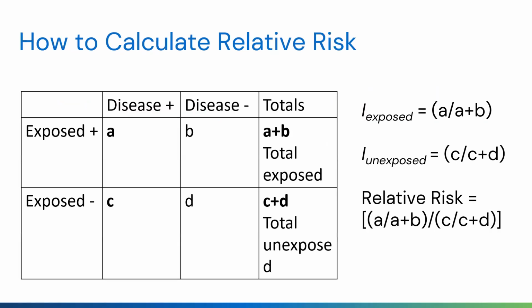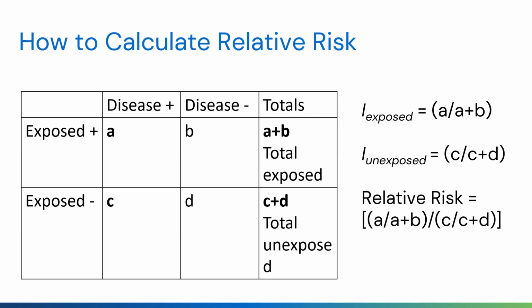To calculate this, it's a similar calculation, but you need to understand the incidence of the exposed and the incidence of the unexposed. Again, you're looking at the occurrence of disease, so you have to understand the incidence of both groups, as you know whether they've been exposed or not. In a cohort study, you follow people to see if they develop disease.